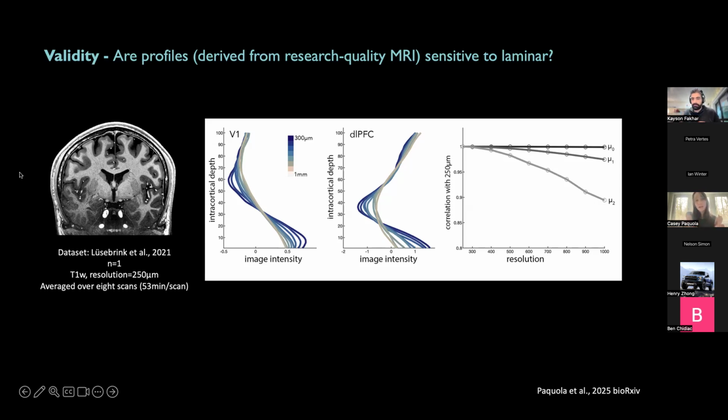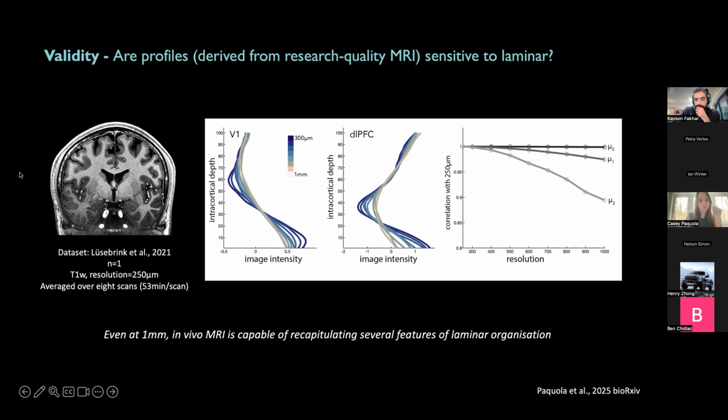But the first and the second moments, if you look at them across the whole cortex, they're really highly correlated, even as you downsample to 1 millimeter. Sorry, the font is pretty small there, but it's still a correlation of 0.95 or 0.96 for the first moment and 0.9 for the second moment. So even as you move down in resolution, you're still sensitive to differences in laminar organization across regions of the brain.